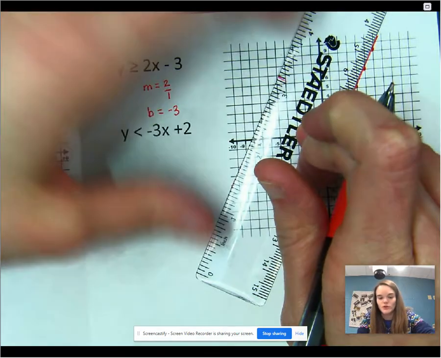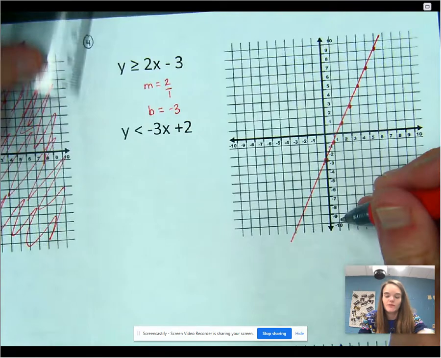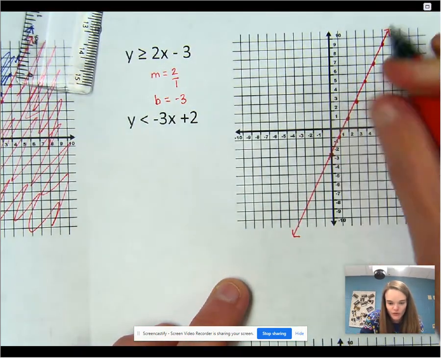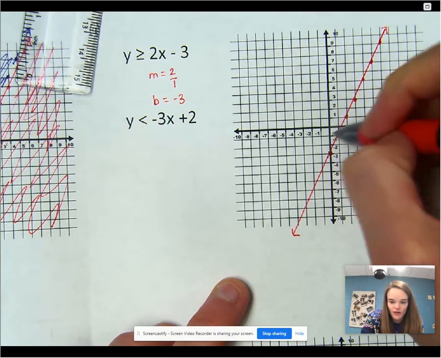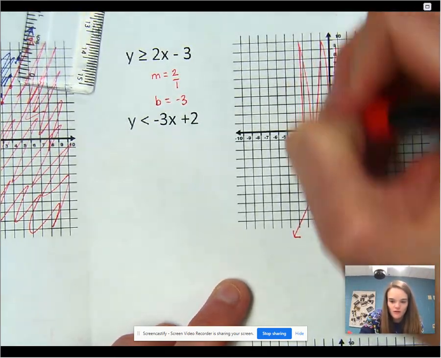Oh, good. It was solid, and I was about to say, oh no, I've messed this up. Make sure is it solid or dashed. This one is solid, thankfully, because I was about to mess that up. It is greater, so shade above.